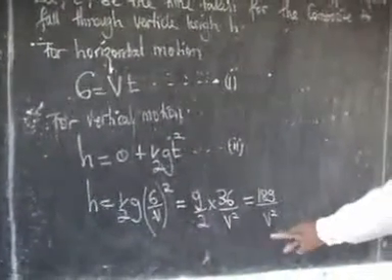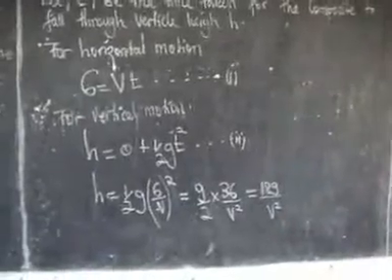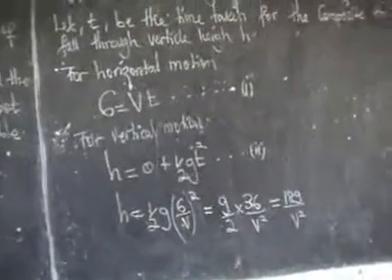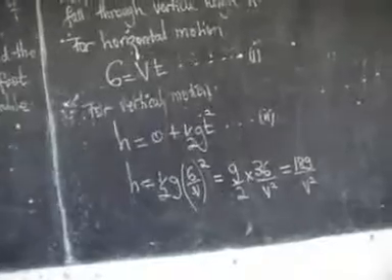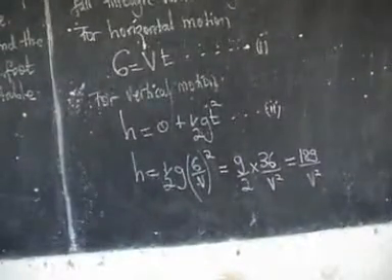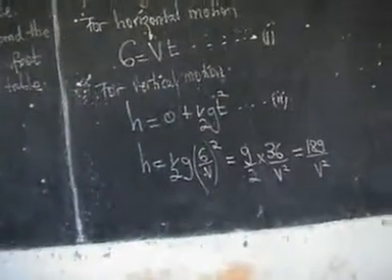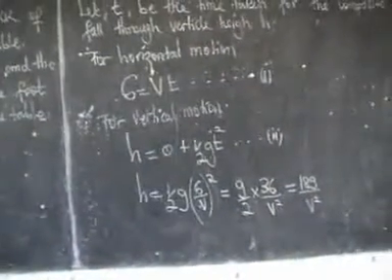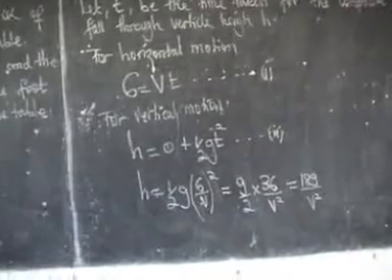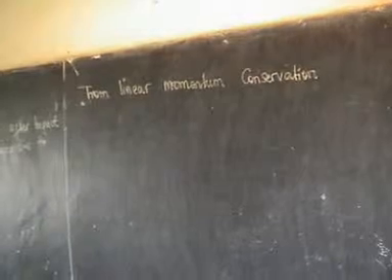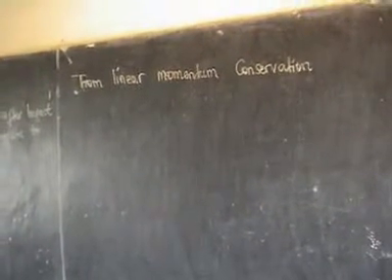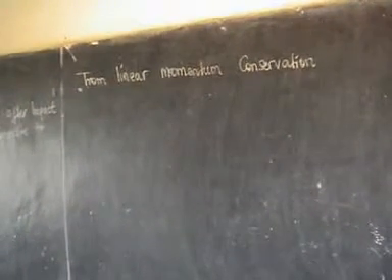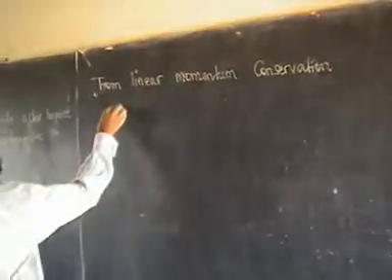Now what is preventing us from getting the value of h is that we don't have the value of v. So in order to get the value of v, we are going to apply the knowledge of momentum conservation. So from linear momentum conservation, our bullet is of mass 4 grams, we are going to convert the grams to kilograms by dividing.